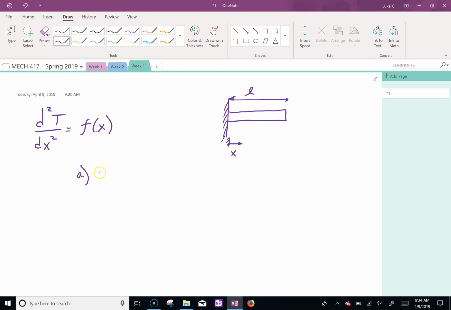How many boundary conditions do you need? 2, right? Because it's second order. So T of 0, when x is 0, could be a temperature. And T at x equal L could also equal a temperature.